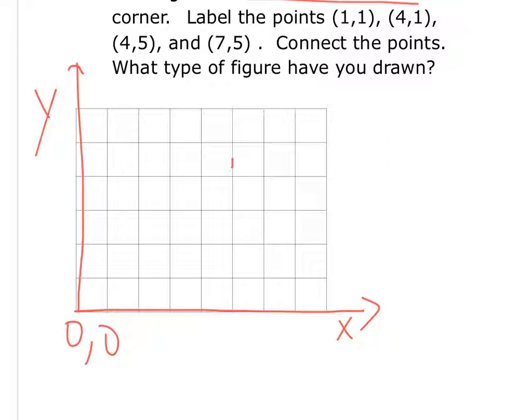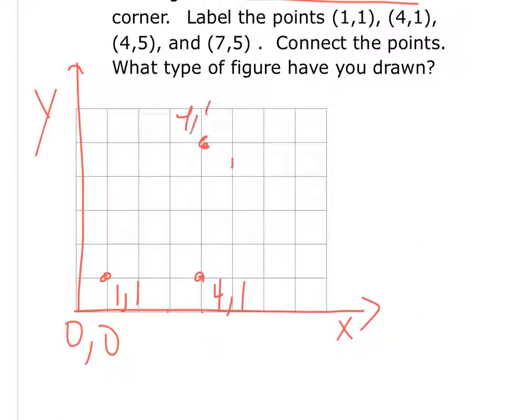So when I have the points 1, 1, there's 1, 1, 4, 1, so we go 1, 2, 3, 4, 1. It's 4, 5, so we go there.